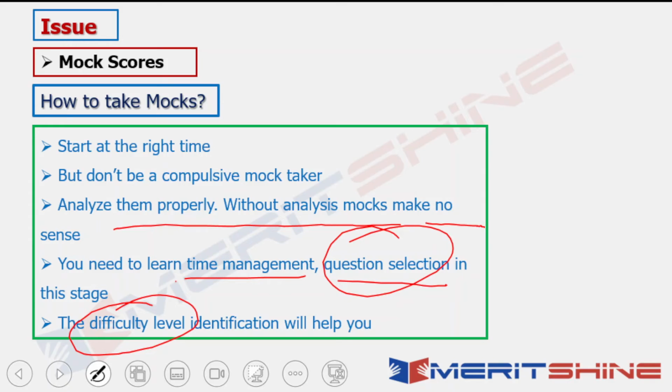Using these two parameters, you select those questions. Those questions on which you are more confident and you score more, and the difficulty level is less, you do first. Then the next difficulty level and next level of confidence, right? This way you would move ahead. So this is the way in which you are supposed to orient your preparation.